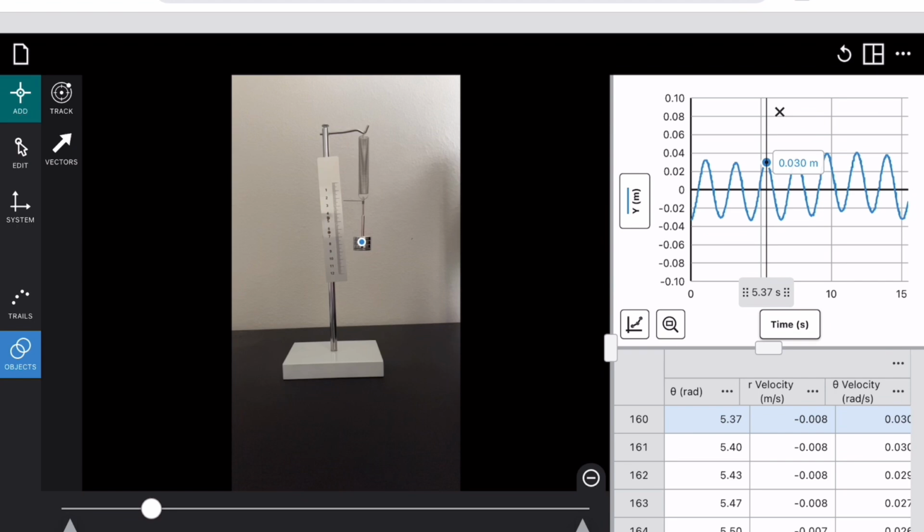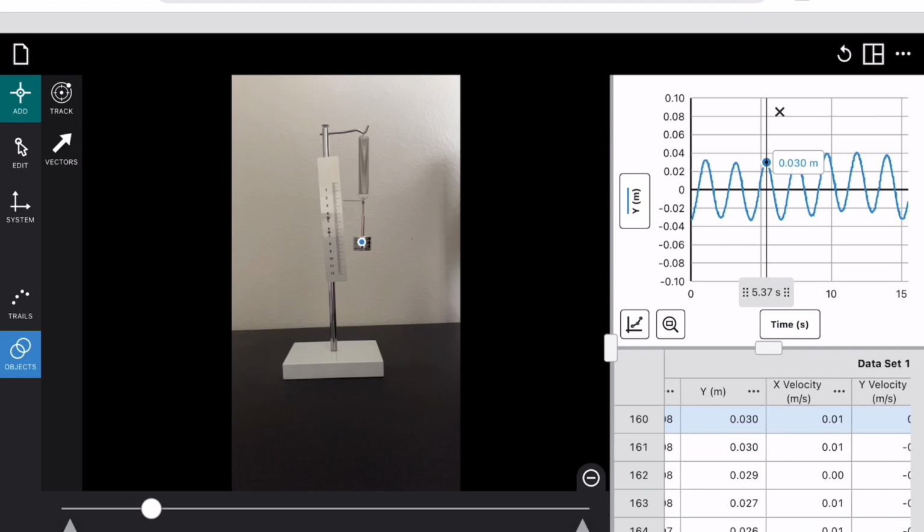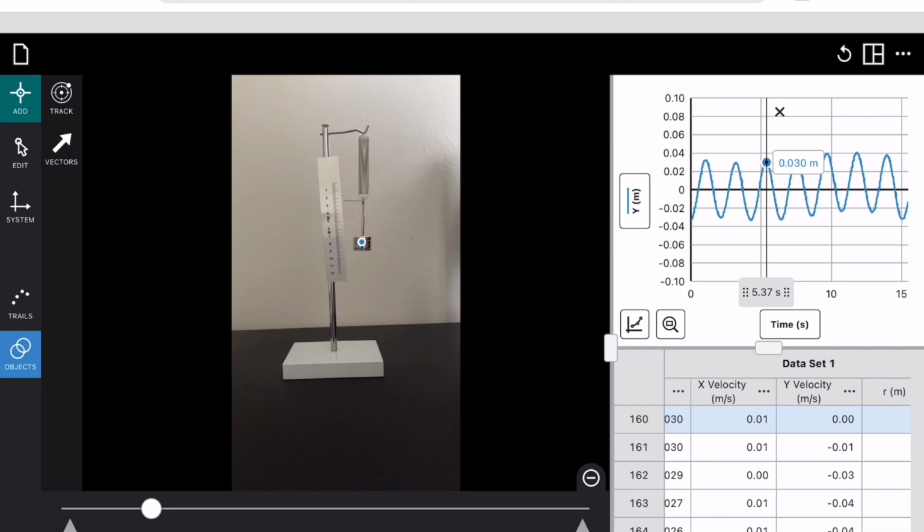At that amplitude, at the maximum displacement, let's see what the velocity is. Now I know the formula for Hooke's law has an x. Here we're going to look at the y direction. That's because I set up my coordinate system so up and down is the y. Okay, so when the y is at 0.03, the velocity is 0. And that's a very important fact of simple harmonic motion.